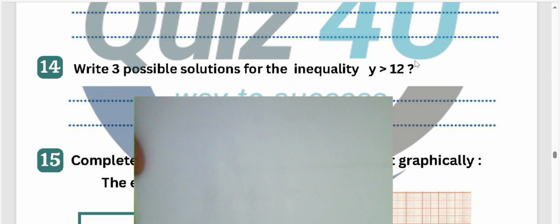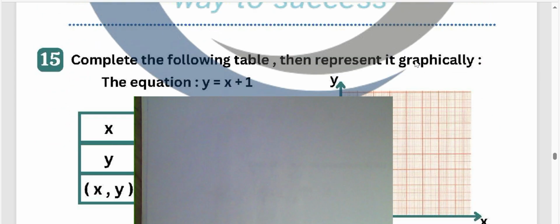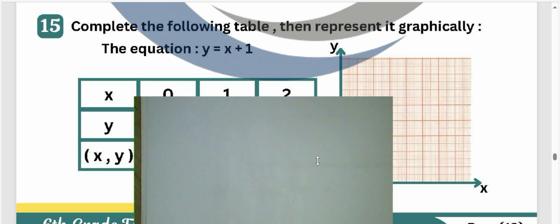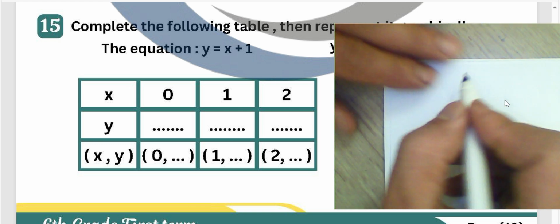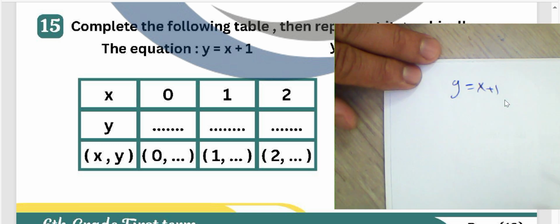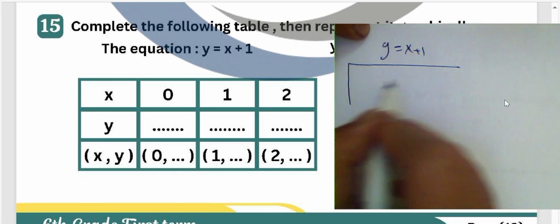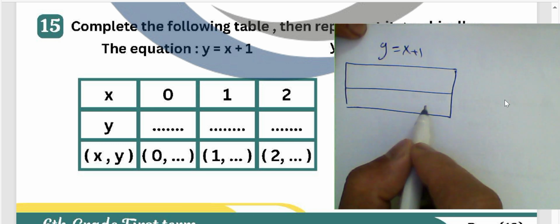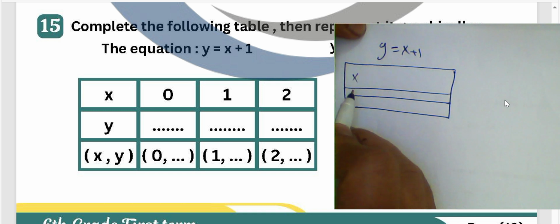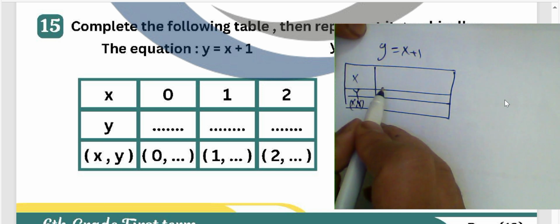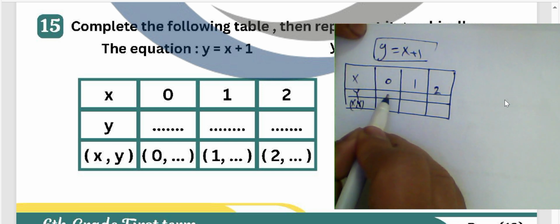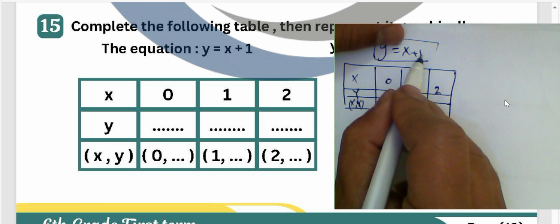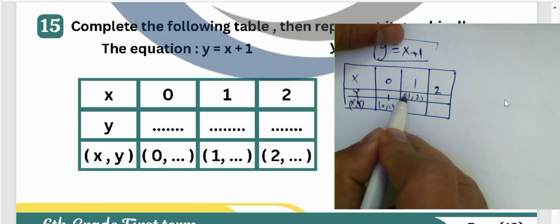Next question, number 15, complete the following table. Y equal x plus 1. We can write the table. We have x and y in the order x and y. 0, 1, 2. Put x equals 0, 0 plus 1, it will be 1, then the order 0, 1. Put x equal 1, 1 plus 1, 2, then the order 1 and 2.